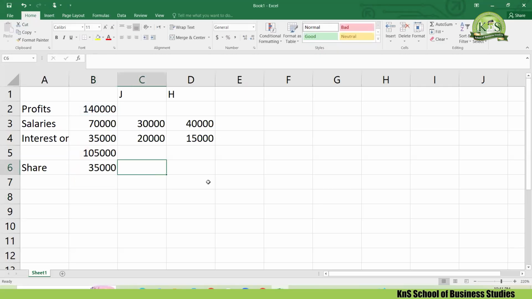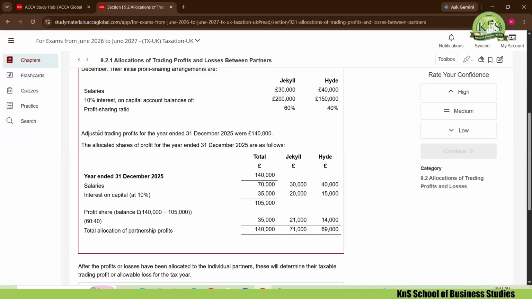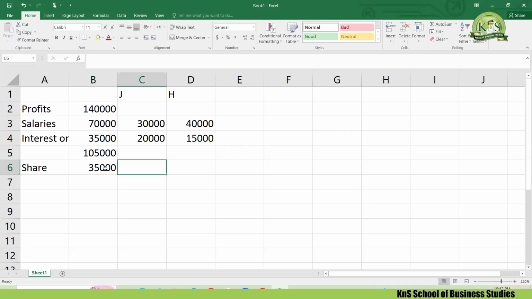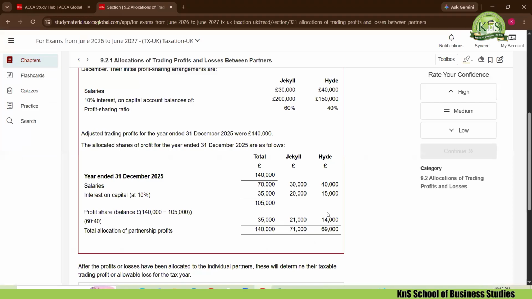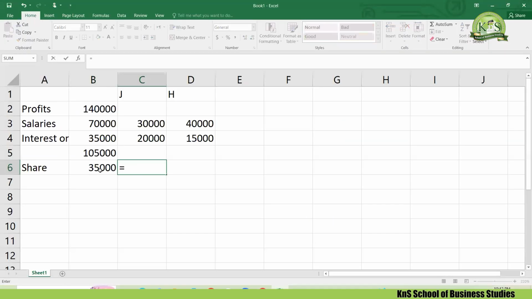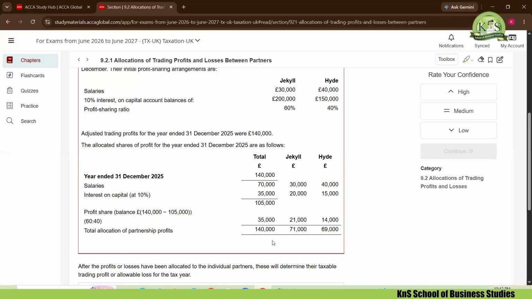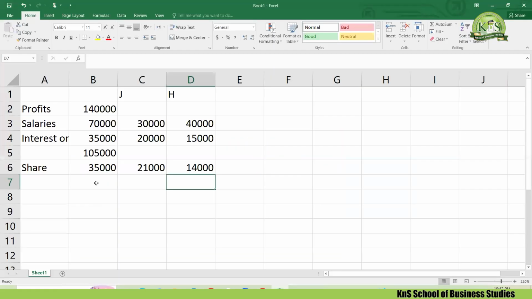Okay. Now you are going to put on the share, and here we need the profit sharing ratio, that is 60 and 40. So the total is 35,000 and you need to split it across 60/40. Very simple: 35,000 multiplied by 60 here and 35,000 multiplied by 40. Then you can add it all up to check whether you have done this correctly.